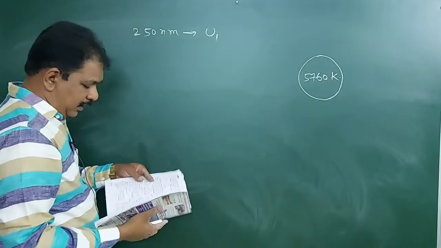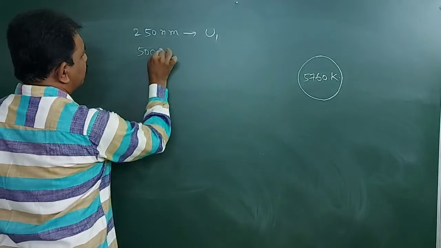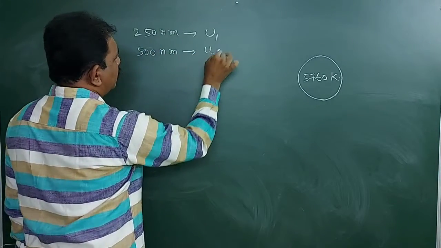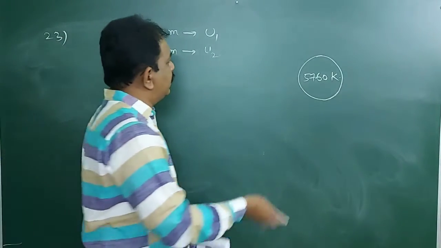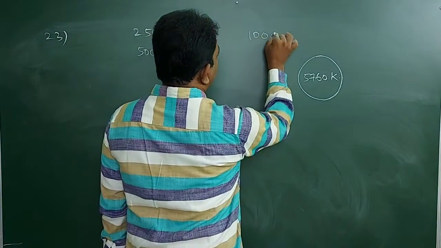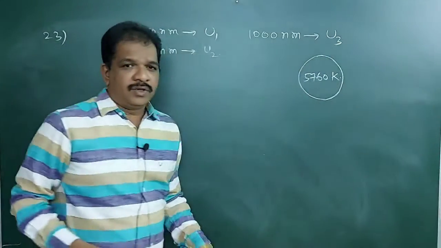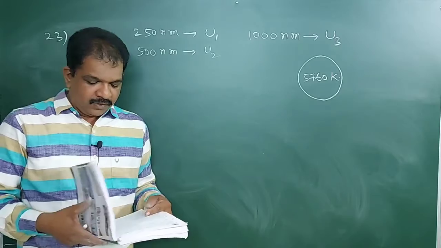When it is emitting light of wavelength 500 nanometer, its energy is U2. When it is emitting light of wavelength 1000 nanometer, its energy is U3. What is the relation between those energies?